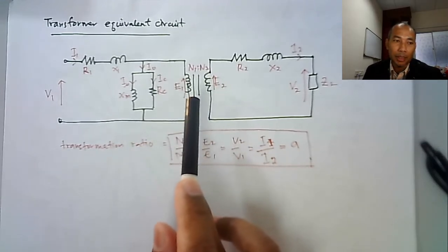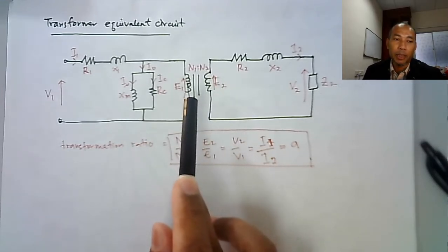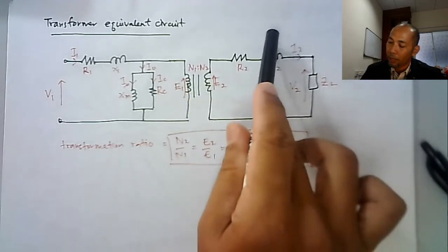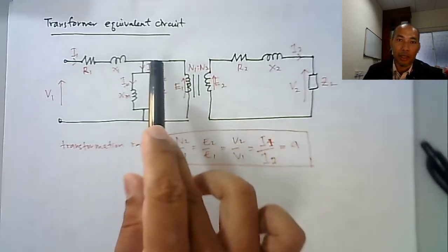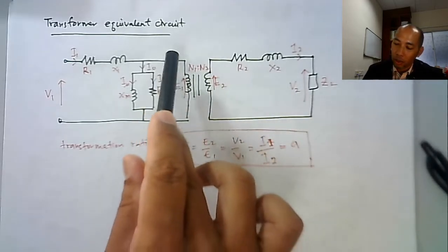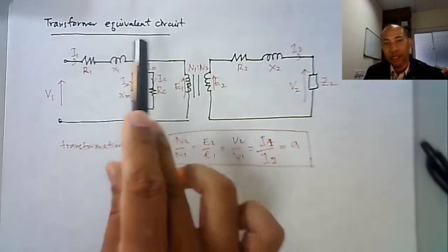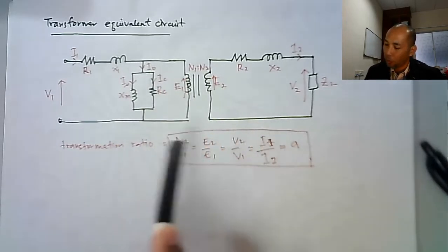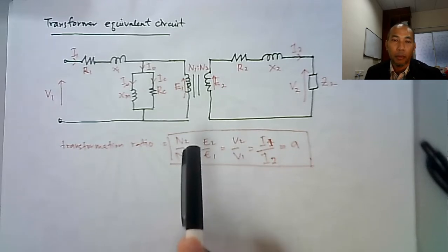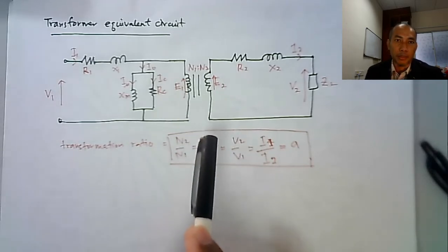We can use a technique we call the impedance transformation theorem. We can transfer all the parameters from the secondary to the primary, or all the parameters in the primary to the secondary. As a result we only have one circuit. So in this video I'm going to show how to transfer it.